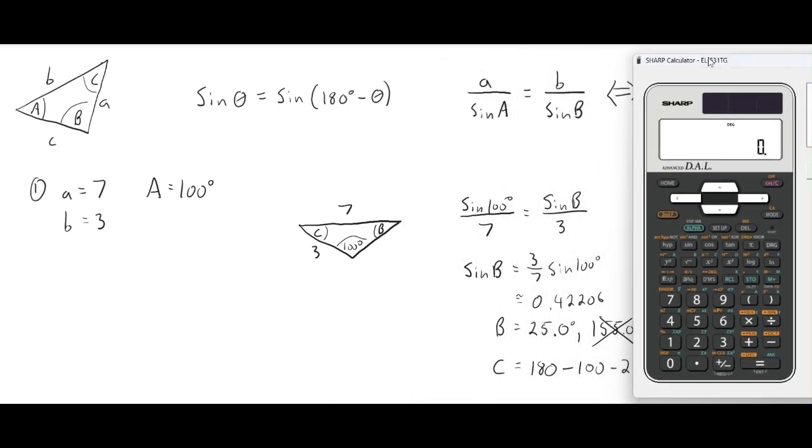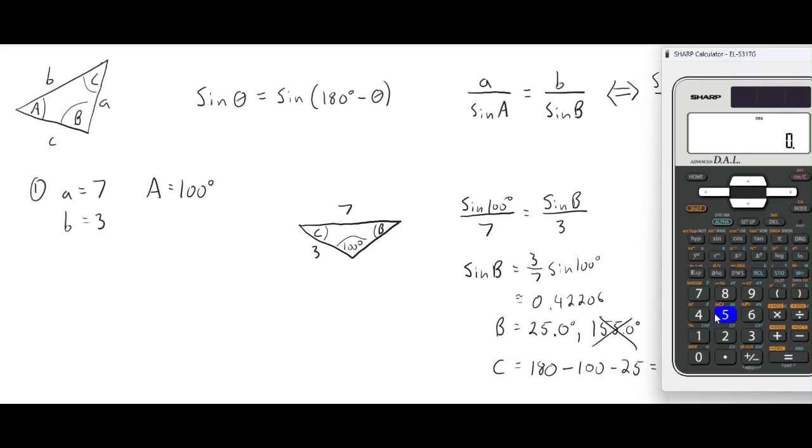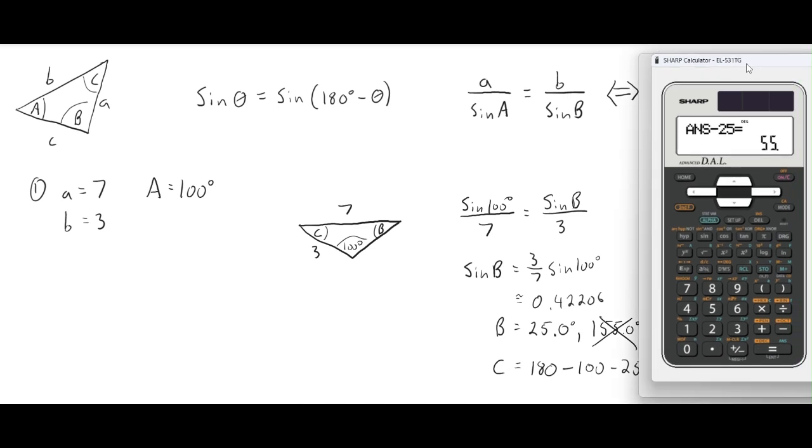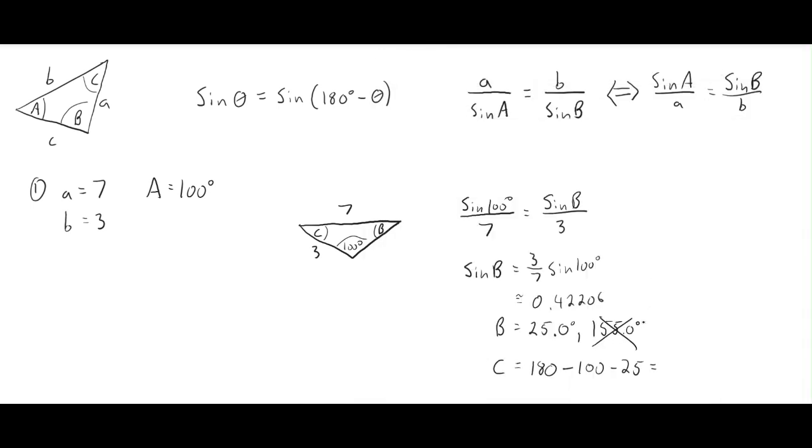Sometimes I do things in my head and get the wrong answer. Let's just do it. 180 minus 100. Yeah, it's 80, and then minus 25. You get 55. Okay, so that last angle is 55.